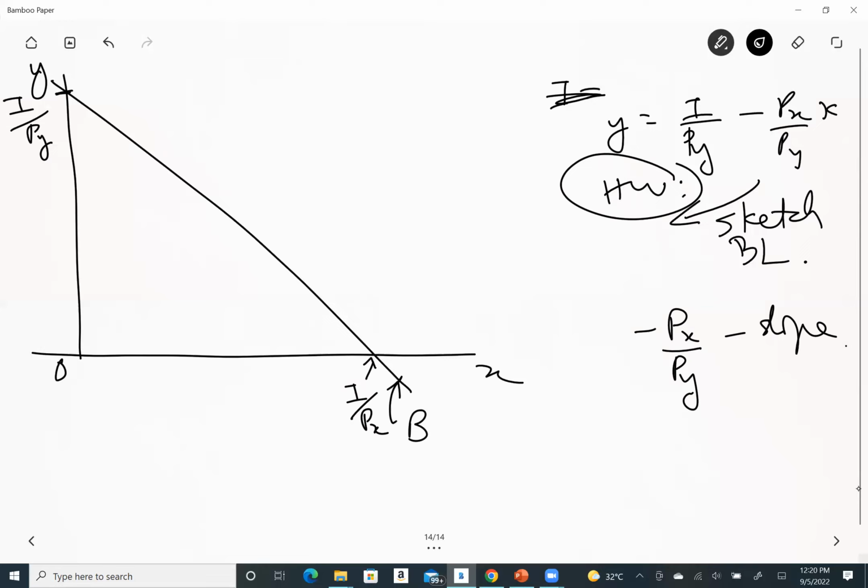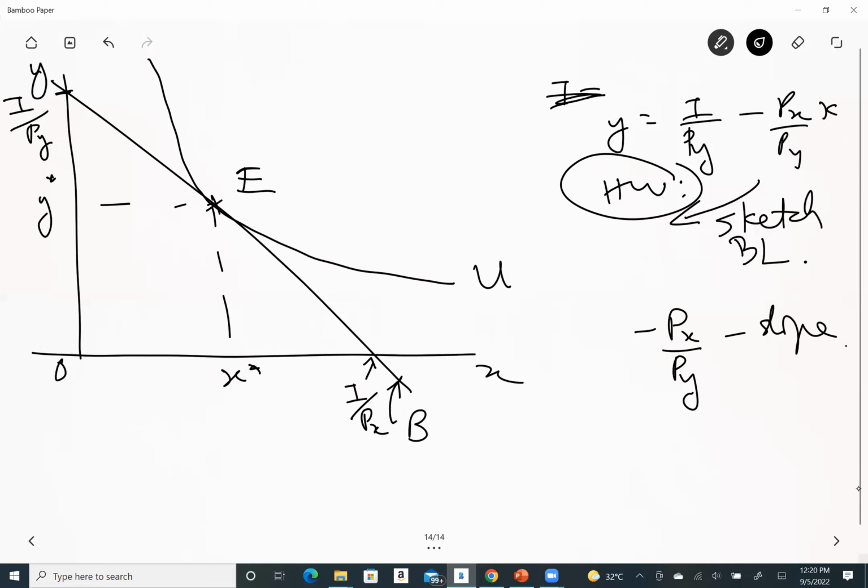And if we assume this is the behavior of the household, we have utility maximizing behavior, so it's U. So this is our equilibrium. We consume X star, Y star. So that is the equilibrium point.